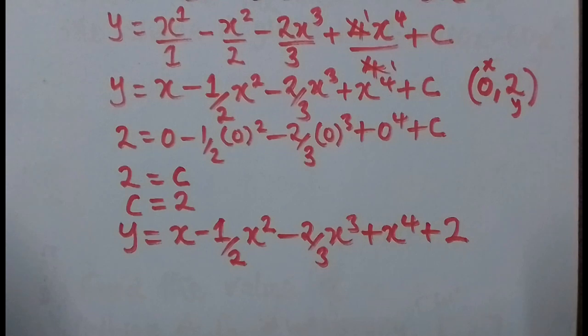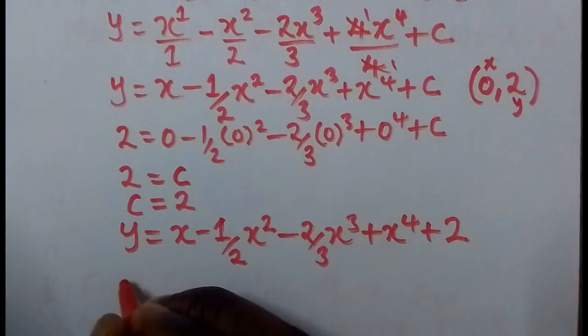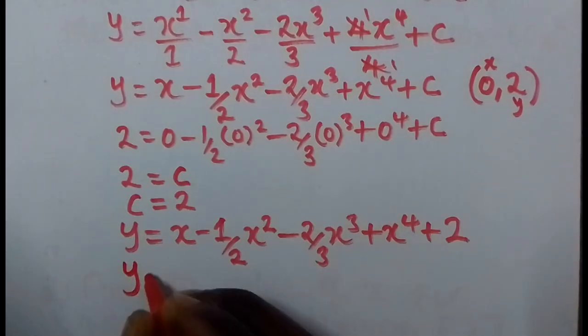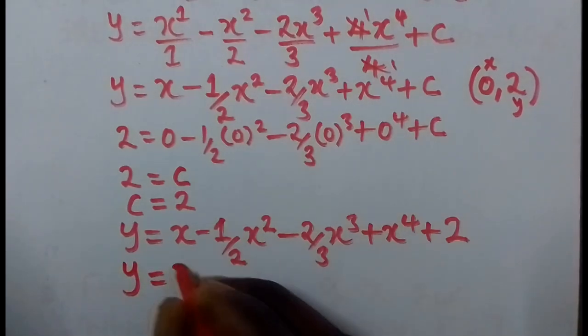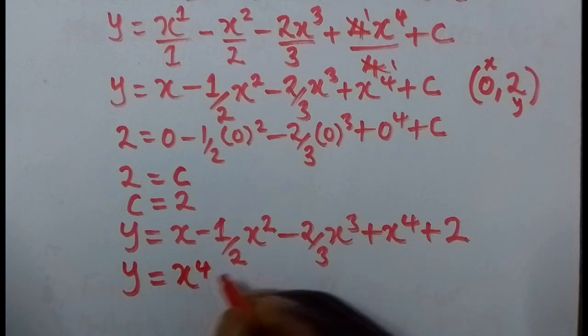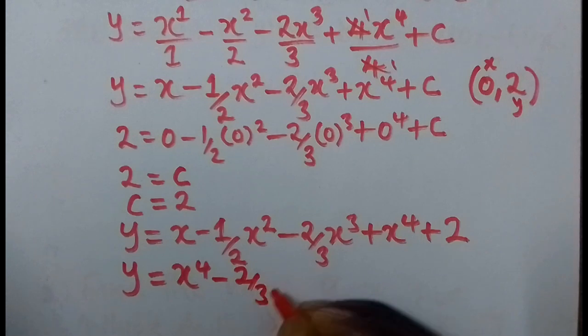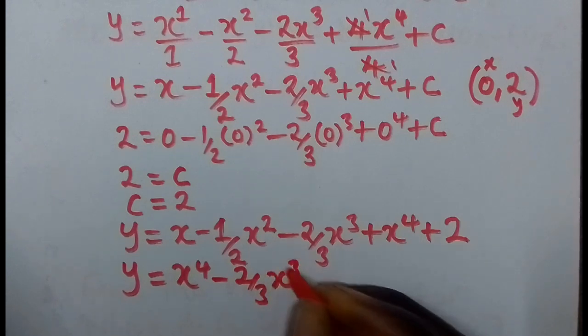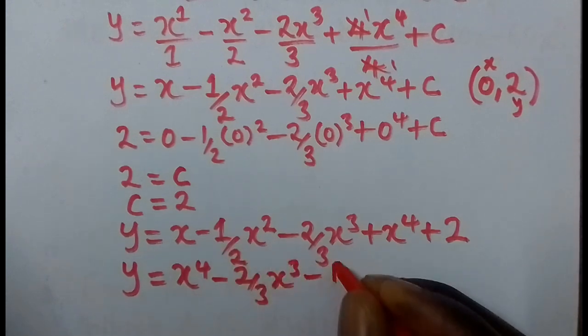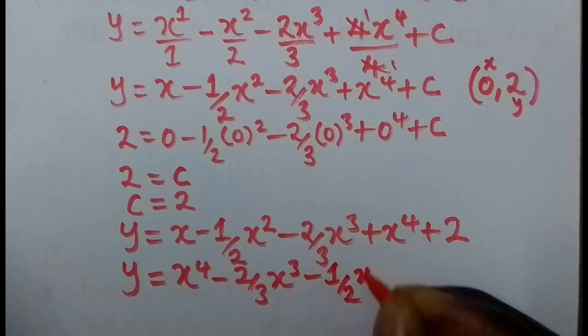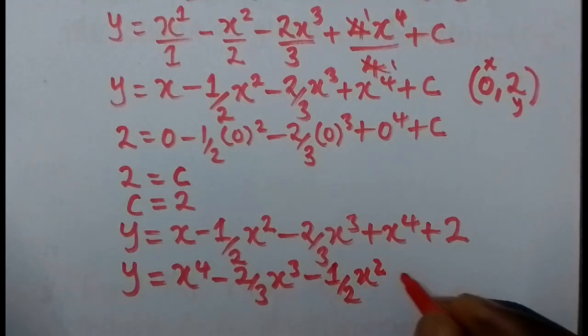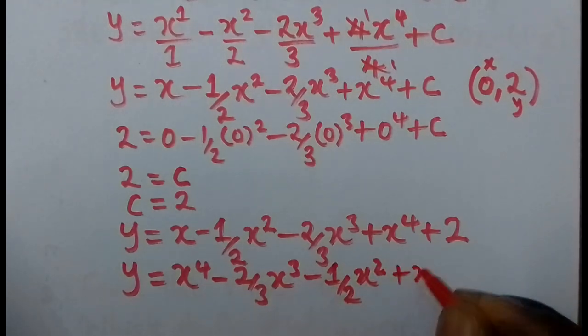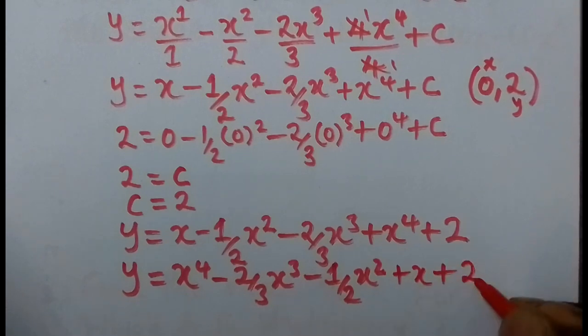So if we want, we can arrange the terms starting with the term with the highest power of x. To arrange them like that, it will be x to the power 4 followed by minus 2 over 3 x to the power 3, then minus 1 over 2 x to the power 2, then plus x, then plus 2.